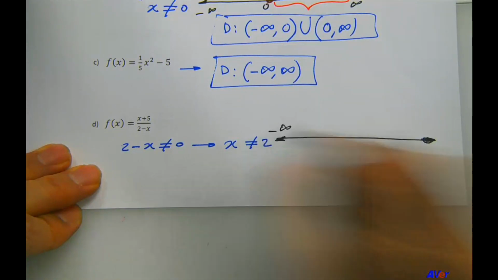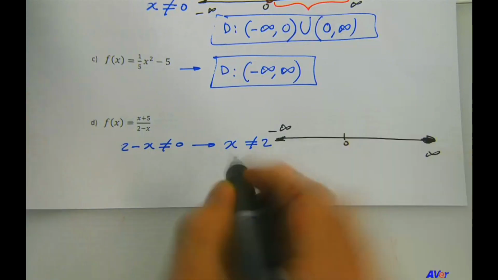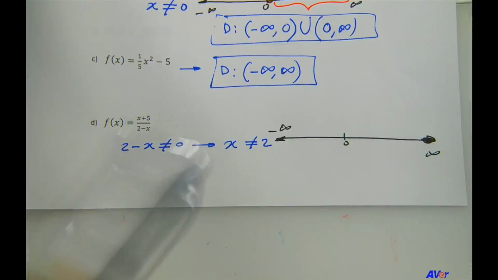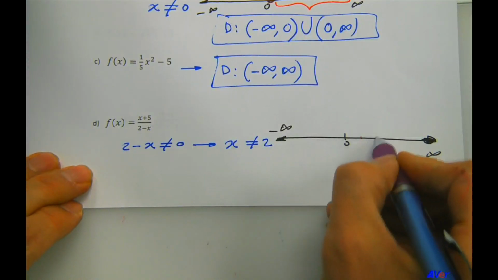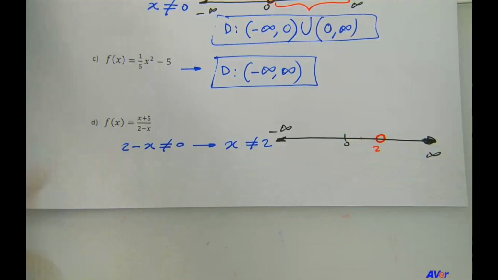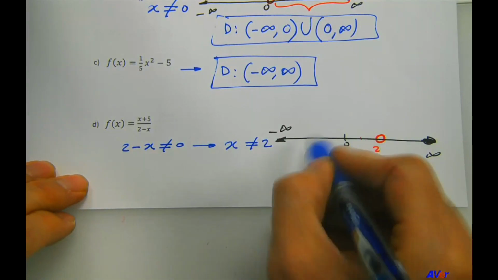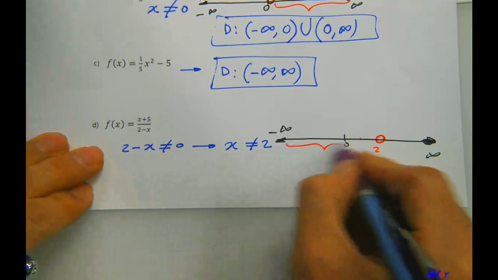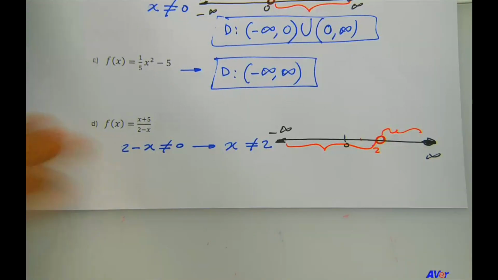So we have negative infinity and infinity, 0 in the middle. We say that because 2 would make the denominator 0 and the function undefined, we cannot have x equals 2. So if this is 2, I'm going to put the hollow circle over it, meaning that the domain cannot take 2. What else can the domain accept? Well, it can take all these values, and it can take all these values.